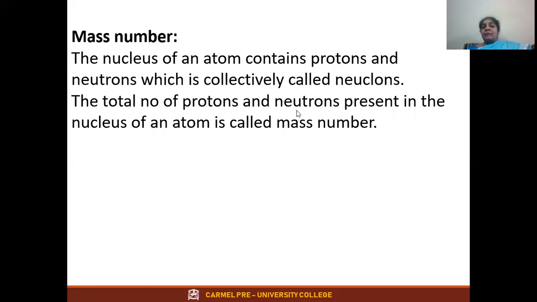The total number of protons and neutrons present in the nucleus of an atom is called mass number. So, the number of protons plus the number of neutrons is added. It is called the mass number.